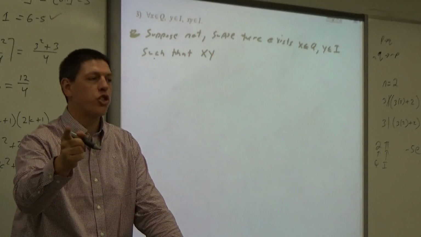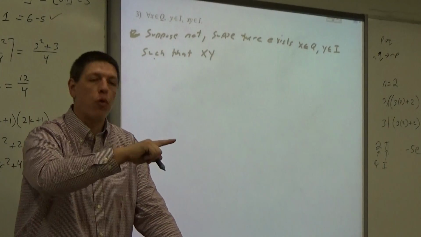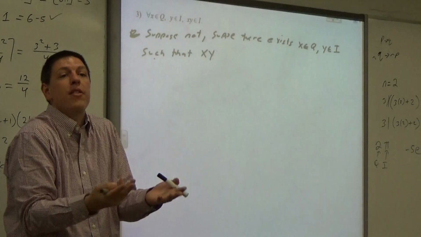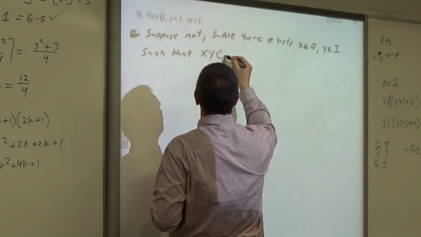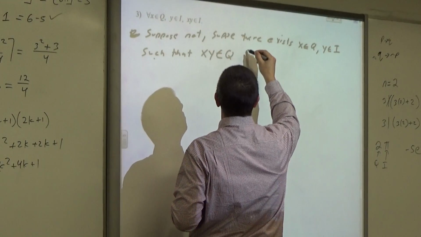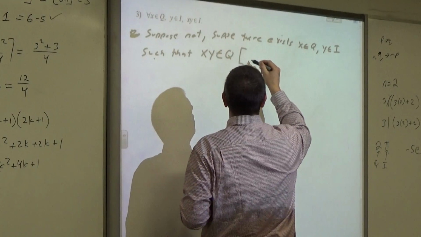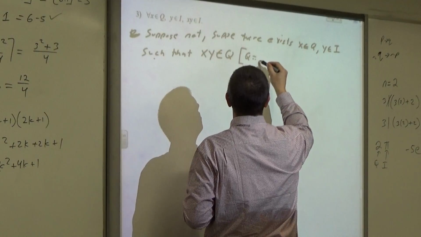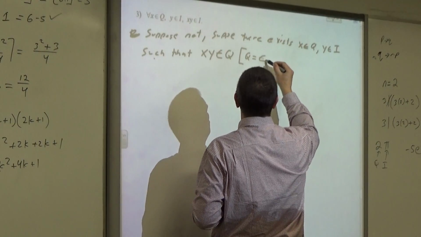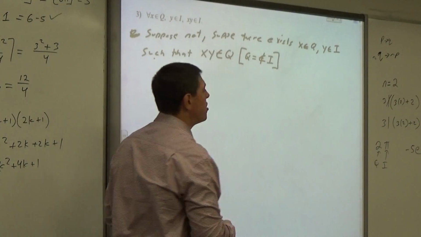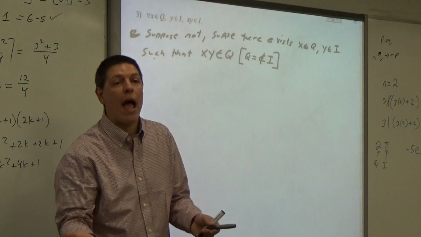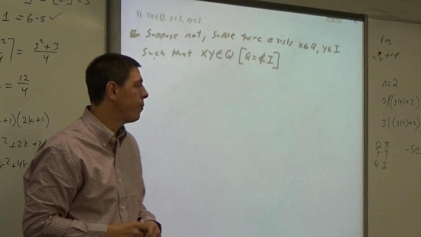Is not irrational, so rational, right guys? Because that's what not irrational means. So such that xy is an element of the rationals. I'm going to put this in brackets. I mean, if it's not irrational, it must be rational. Okay.